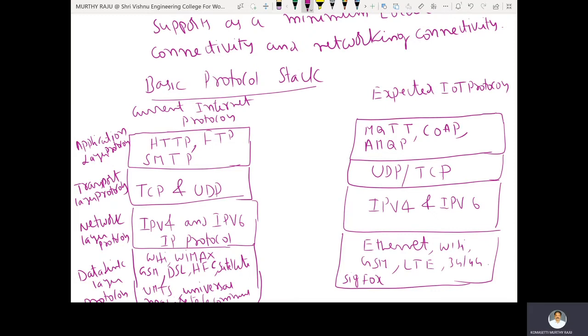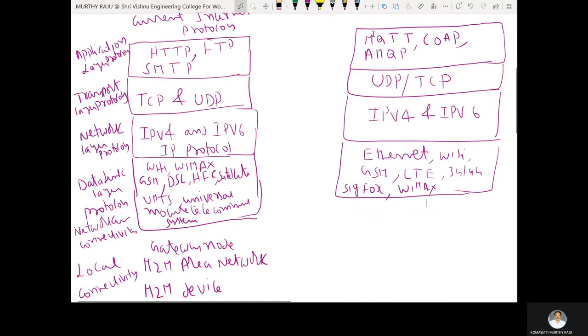For global connectivity, that means networking connectivity, we use these technologies: Ethernet, Wi-Fi, GSM, LTE, Sigfox, WiMAX, and so on.